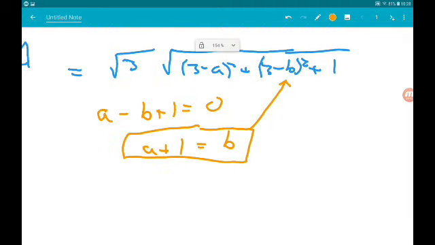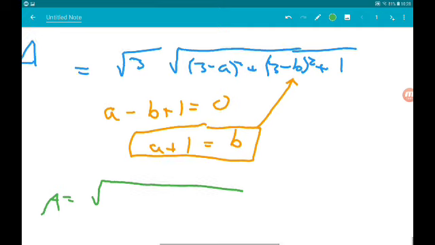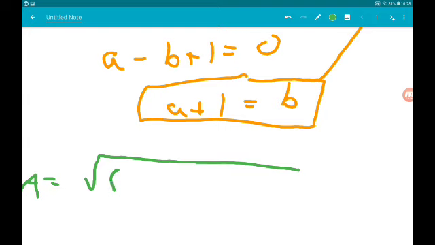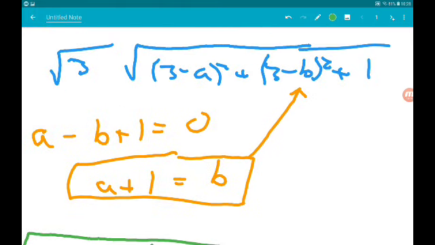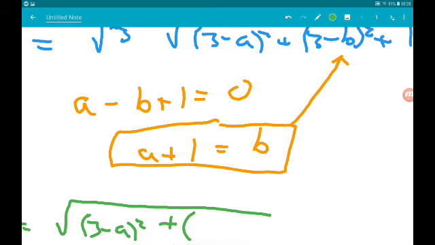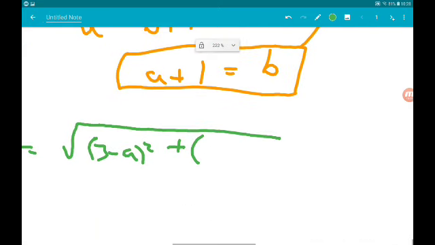So the area is the square root of 3 minus a all squared add, okay, we got 3 minus b, so that's 3 minus a minus 1, so that's 2 minus a squared.